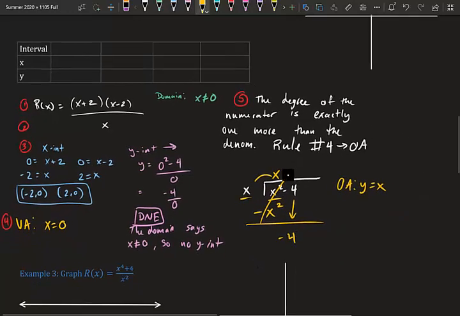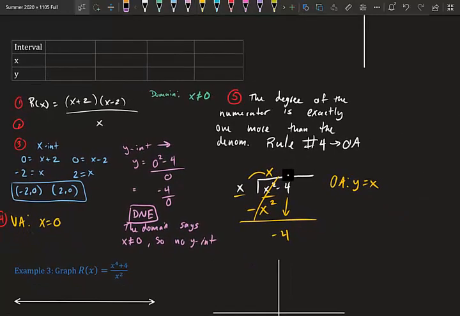Now, if you struggled with that, go back to the horizontal and oblique asymptote section, go over long division again. So if you're like, I really struggle with long division, I have videos there for you. All you have to do is just let me know. Or you can just go on my YouTube and you will find it. Or just go to YouTube and Google long division.